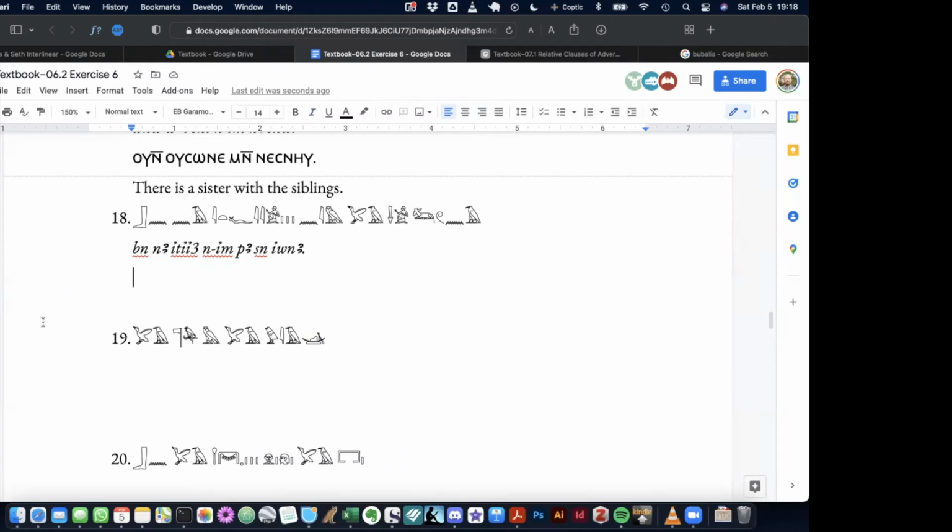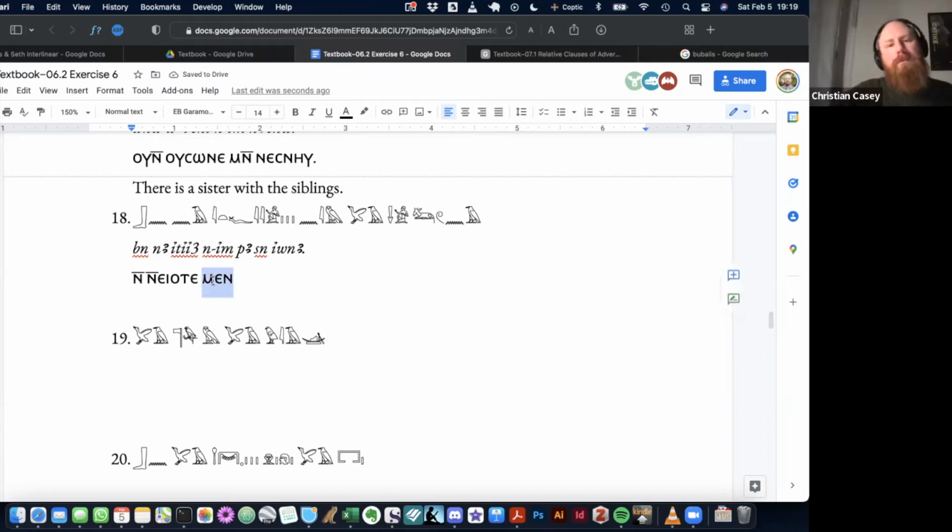N, Neyote. And then I have a question about the difference between men with M epsilon N versus just the MN with the stroke. When do you use which? I might have written it this way. They're basically the same. If I've written it this way, it's just because I forgot how to spell it.